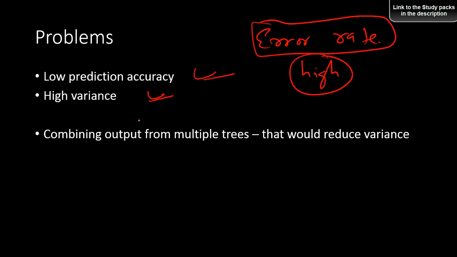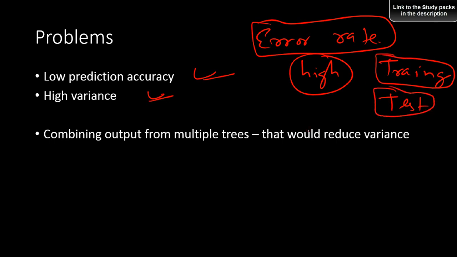High variance in the sense that you take another training data and build a model, and you will find different results. It could be giving a good accuracy in the training data, but when you validate the model on test data, it may not be that great. Variance is not a good thing. The error variance should be minimum for a good model, right? So that is quite high.